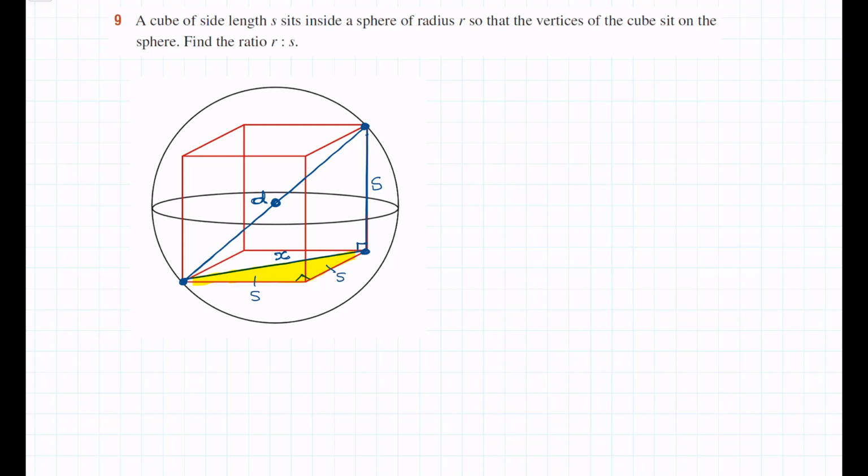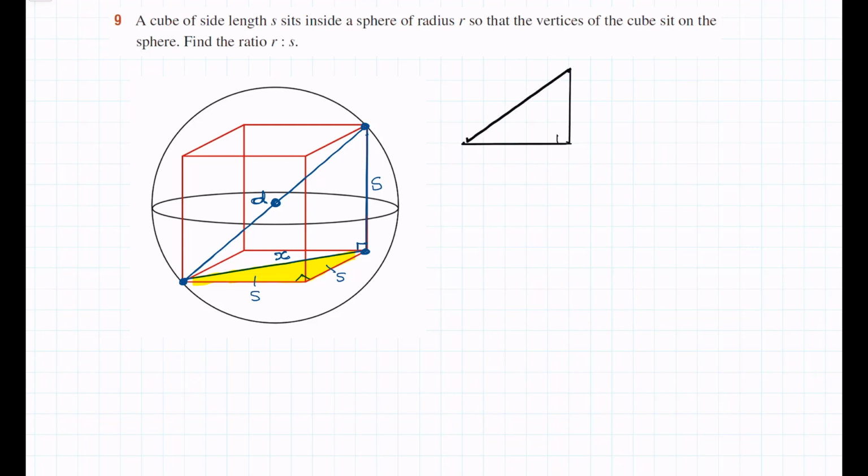So if I redraw that right angled triangle over here, we can overlay what we know about it, and we can use Pythagoras to link x with the cube side length s.